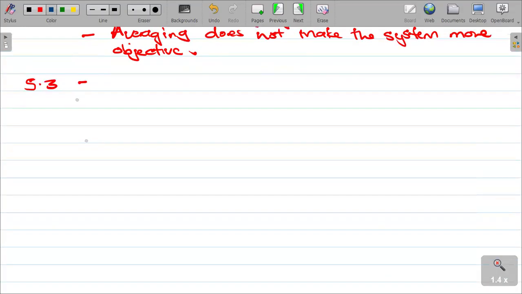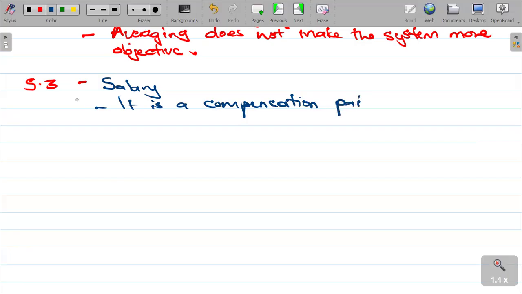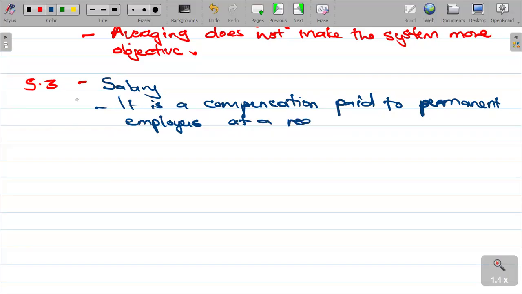Right? Salary is a compensation paid to permanent employees at a regular interval.